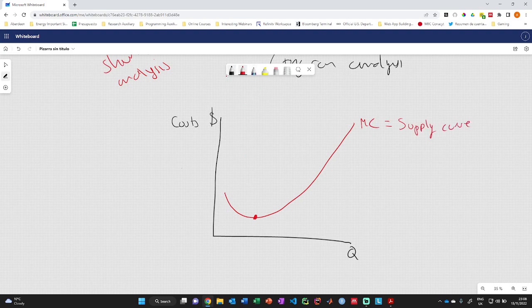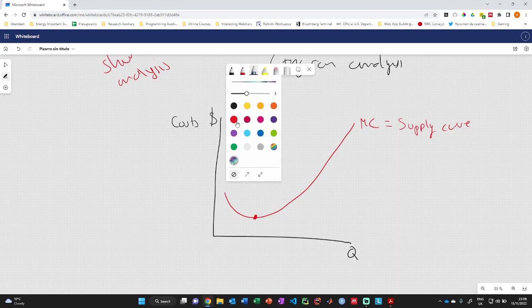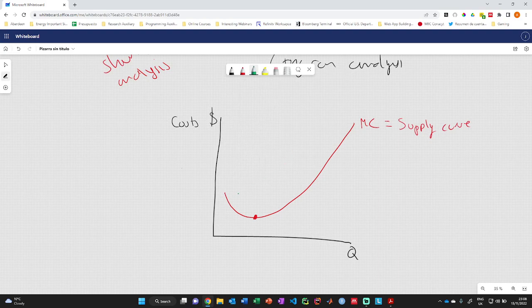Okay. And what's driving this curve? Well, first we need to understand this kind of analysis, and let me add here an additional curve, which will be the ATC, the average total cost. There's another cost curve over here.